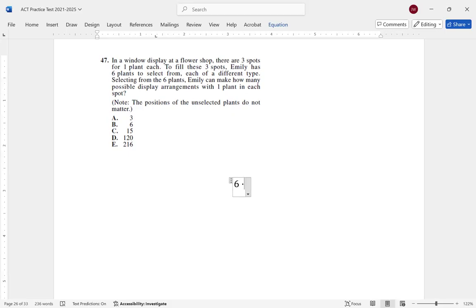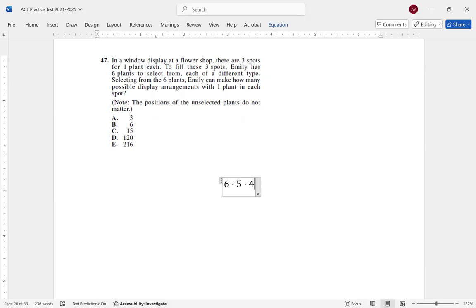Once I pick that first spot, I have 5 plants left to choose from. So in my second spot, I'm going to have 5 options. And then in the last spot, I'm going to have 4 options. Now, the other plants that I haven't used, the order doesn't matter to those.